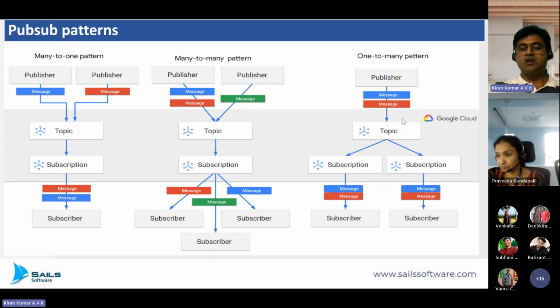That message will be sent to all the subscriptions, and these services will be subscribed to these subscriptions, one each, so that all the messages will be sent to all the subscribers, and the ID will be inserted in all the other four services. So when you're creating a subscription, right?